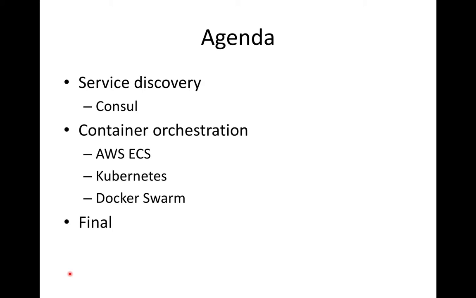And we'll look at a number of different solutions in the marketplace to enable the orchestration of Docker containers. We'll look at the AWS ECS solution, and we'll look at Kubernetes, and then we'll spend a lot of time looking at the Docker Swarm orchestration platform.